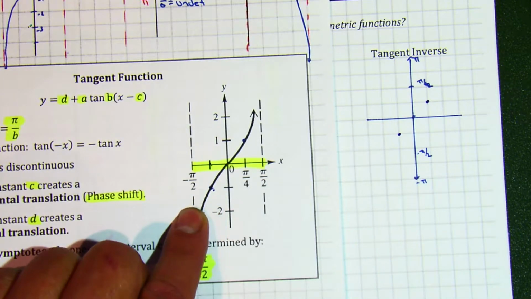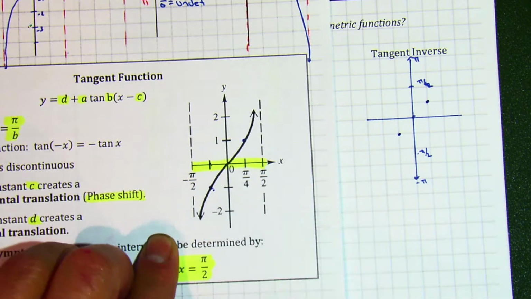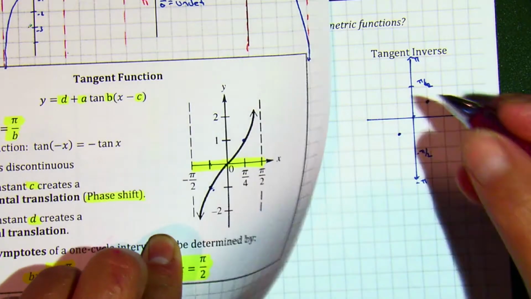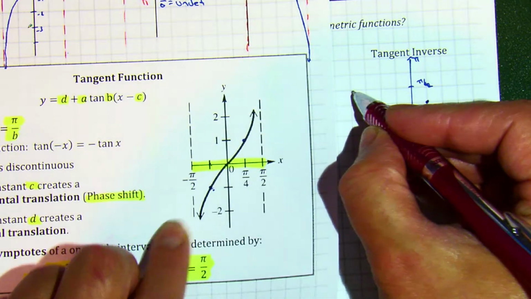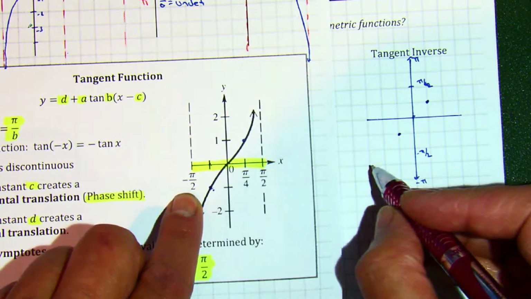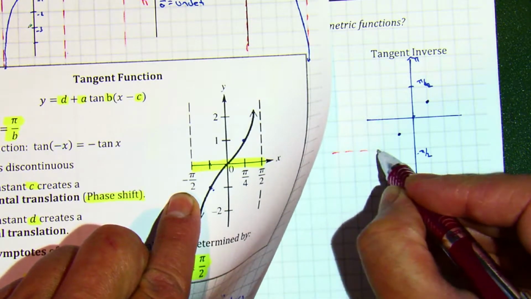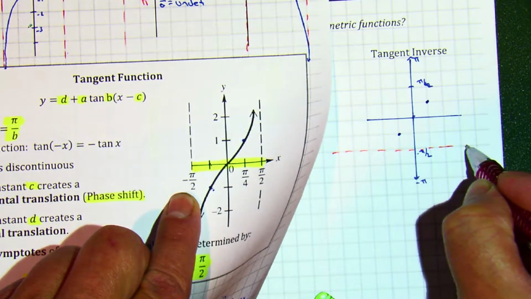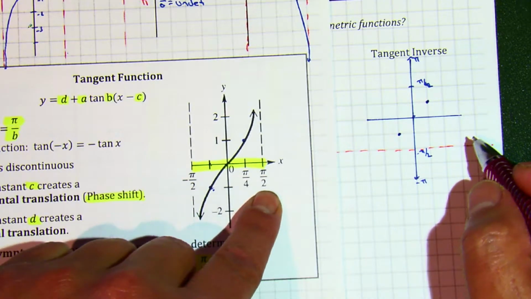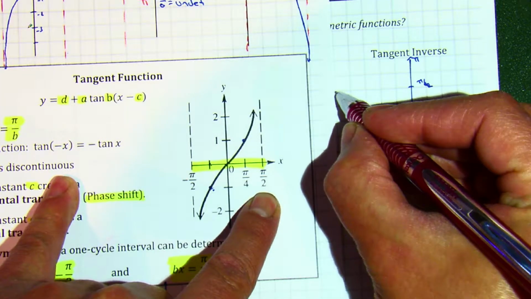And now your asymptotes were vertical asymptotes. Now they are going to be horizontal asymptotes. The first asymptote will be at negative pi over 2. And my other asymptote will be positive pi over 2.